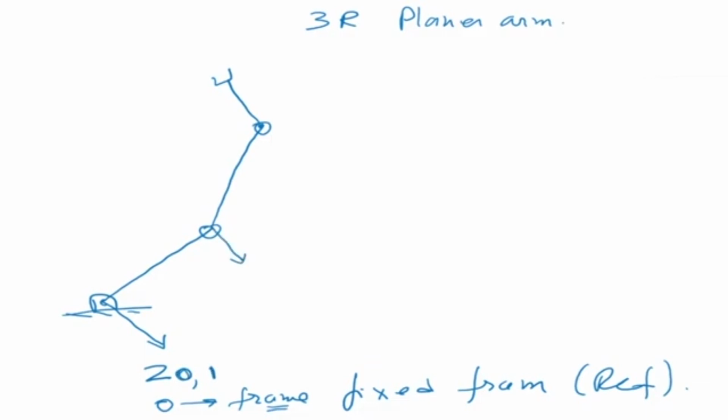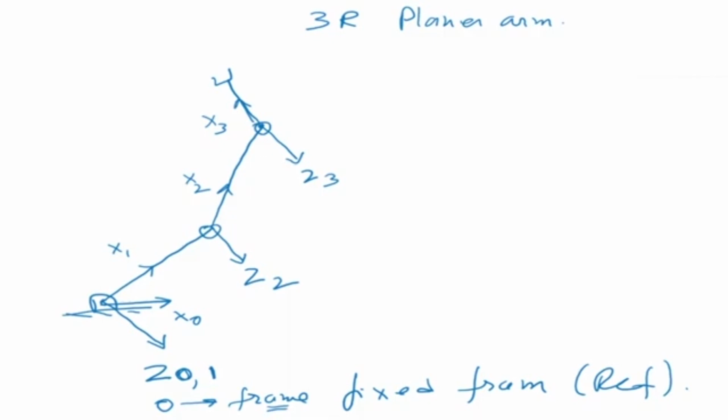This is my z2, out of plane, and this is my z3. Next is x. I put x0 here, x1 along the link, x2 along here, and x3 there.